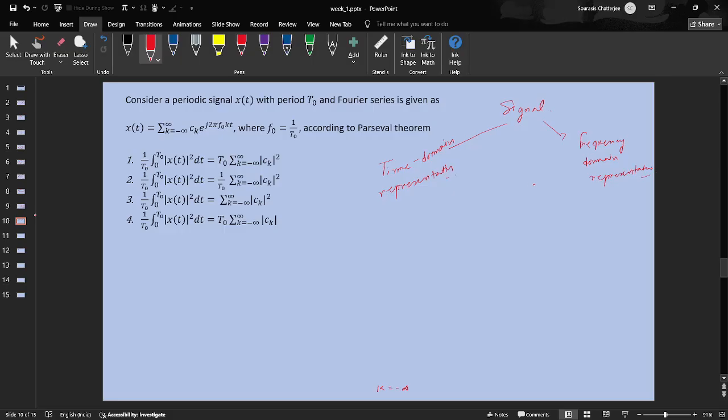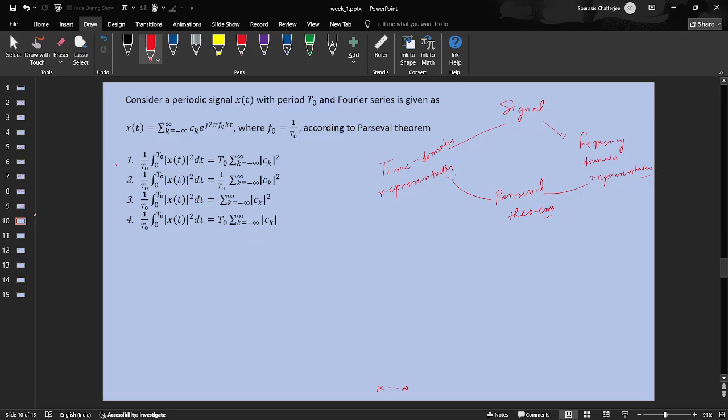Both are possible. So Parseval theorem creates a bridge between these two. Bridge in what sense? Maybe we have an intuition somewhat now, but it would be clear once we give the answer. So Parseval theorem kind of connects these two. What do I mean by that?